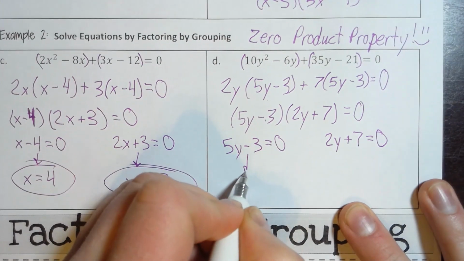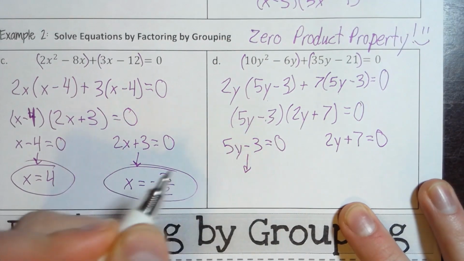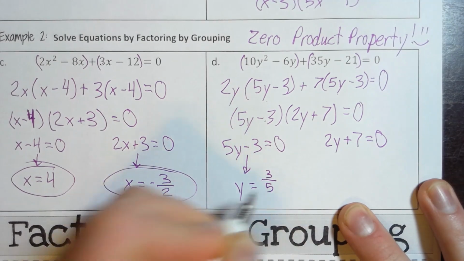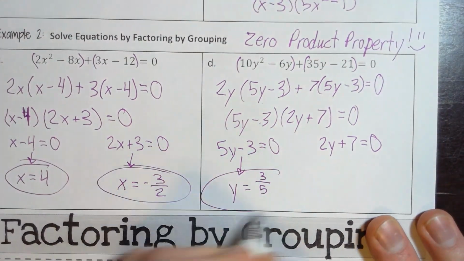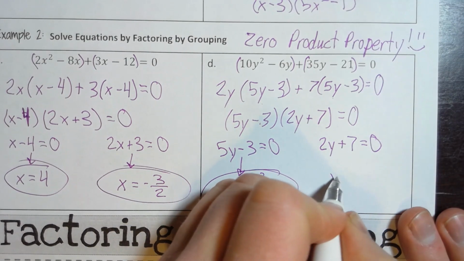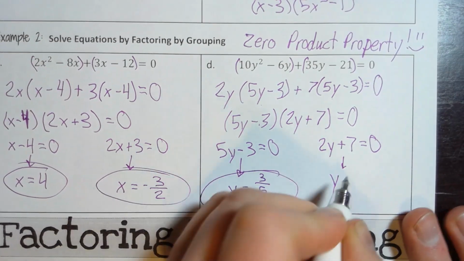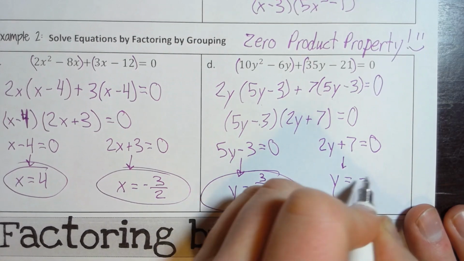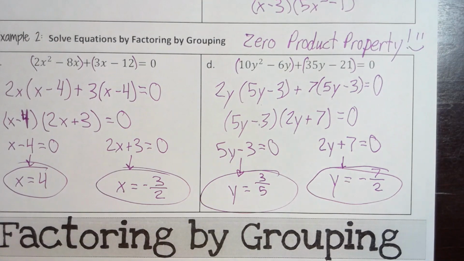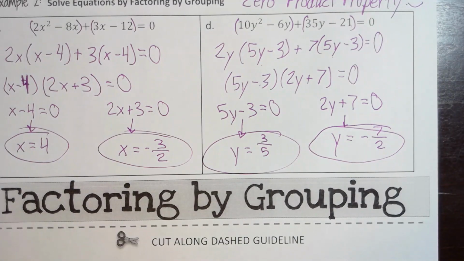To solve this equation, I need to add 3 and divide by 5, and I get y equals 3/5. And to solve this equation, I need to subtract 7 and divide by 2, and I get y equals negative 7 halves. Beautiful. We have just solved both of our equations.